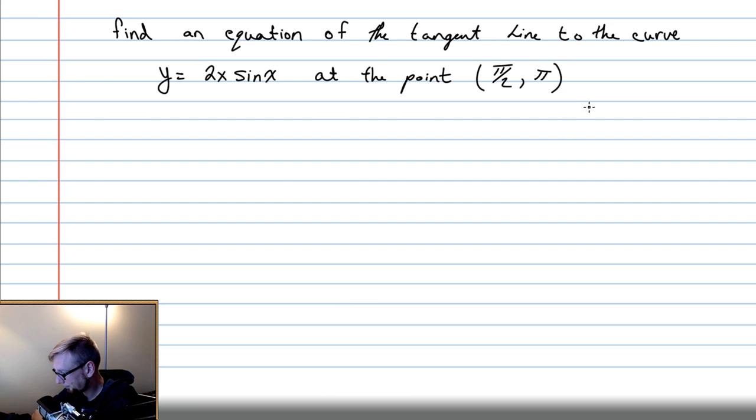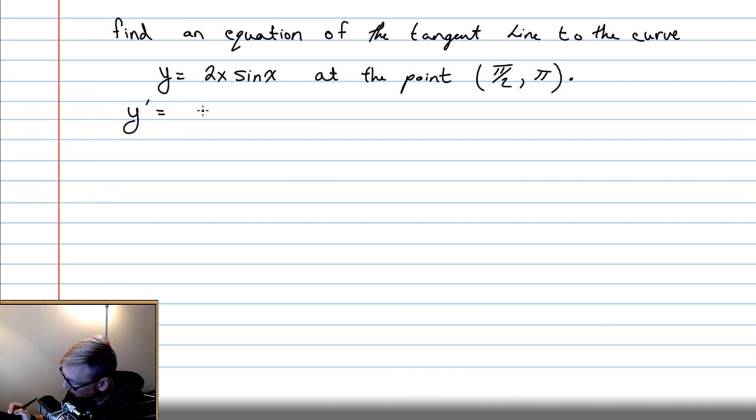Now, it seems kind of difficult as a one-off, but it's probably not that bad. Equation of the tangent line to the curve. Well, what's the slope of the tangent line at that point? We know the derivative gives the slope of the tangent line, so we'll do the derivative first.